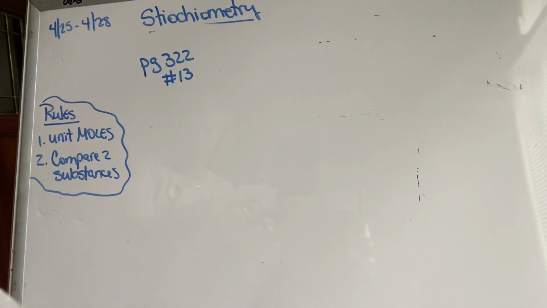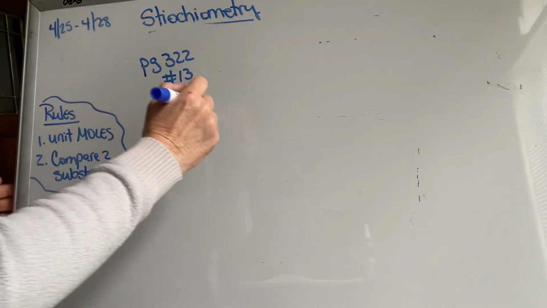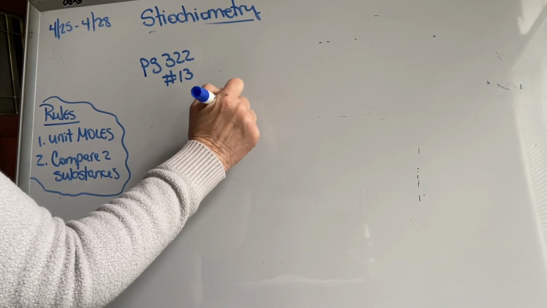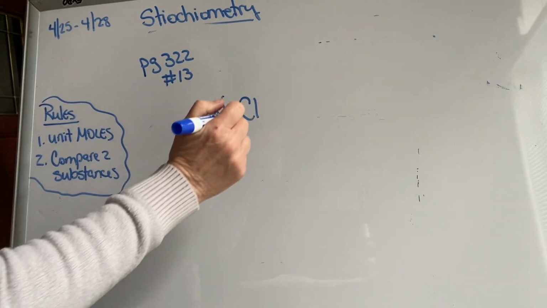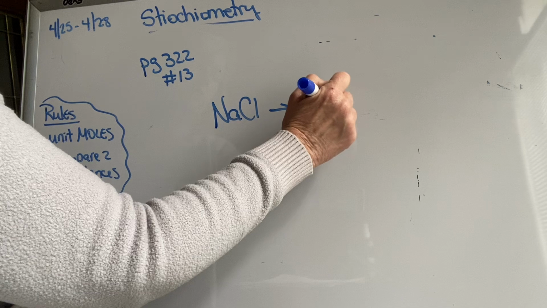When you read number 13, it's going to ask you again to write a chemical equation and balance it. I'm going to go ahead and do that on the board. You should turn off the video and see if you can write this yourself, because you're going to have to be able to do these.